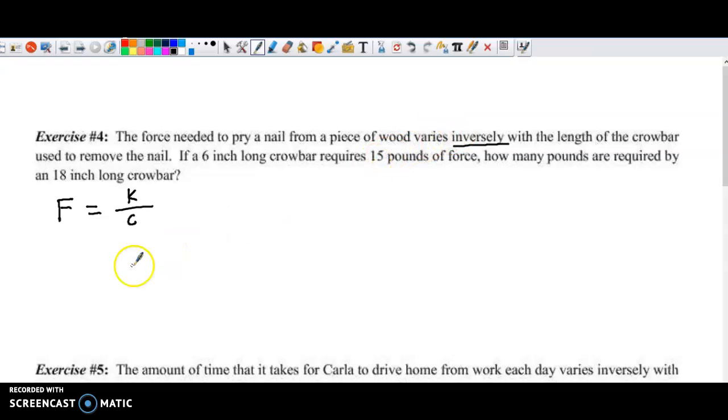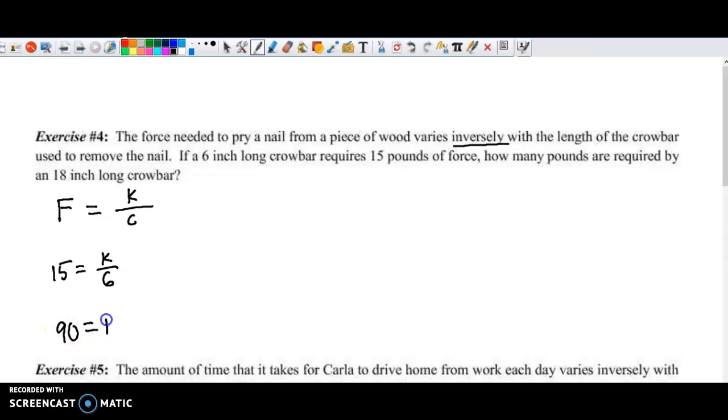So if we set this problem up as 15 pounds of force equals a 6-inch crowbar, and then we multiply that 15 over, 15 times 6, 30 times 3 would be 90.